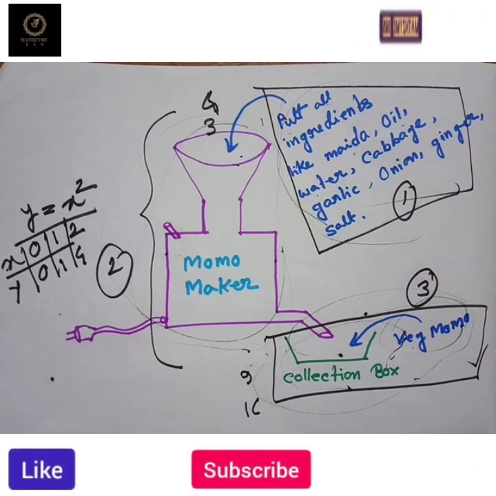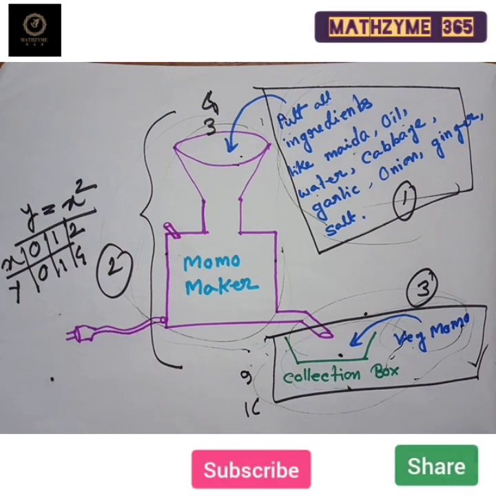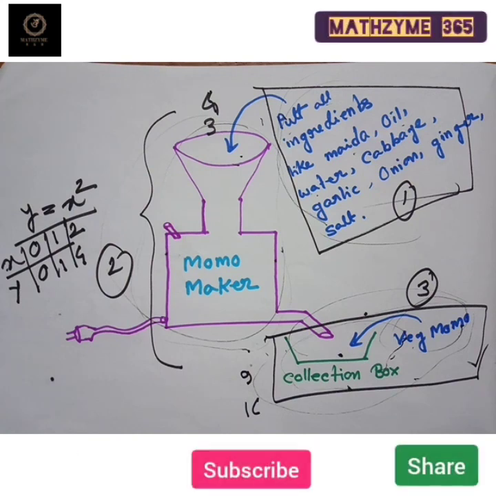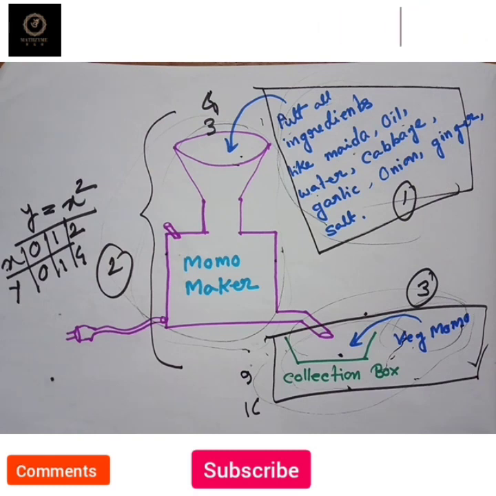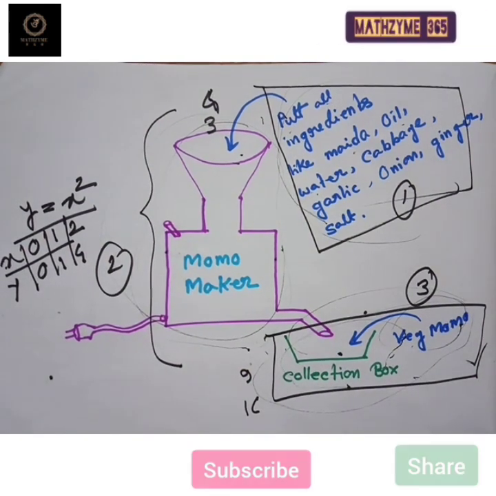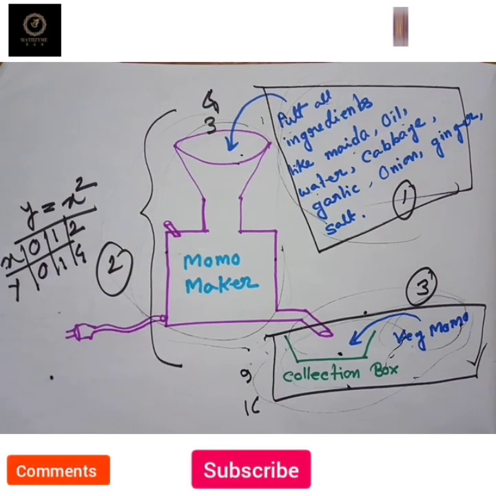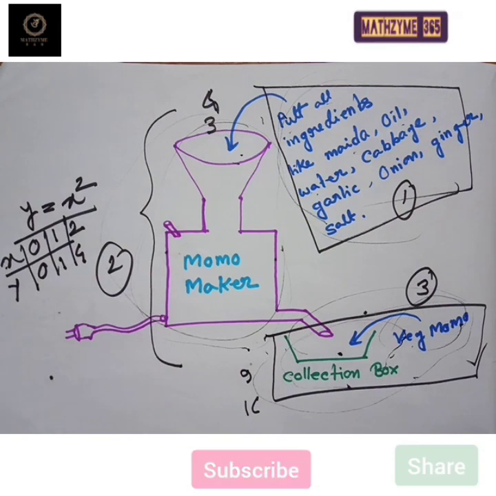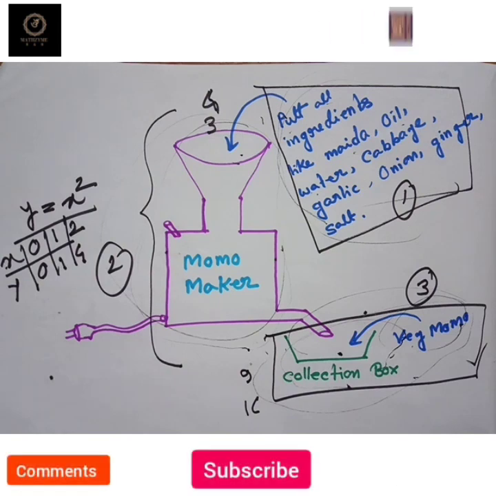Okay, now you cannot input anything you like into this function, as we cannot input fruits into the momo maker to get juices, right? Hence, for every function there are some restrictions. What is a restriction? The restriction is what to input into the function.